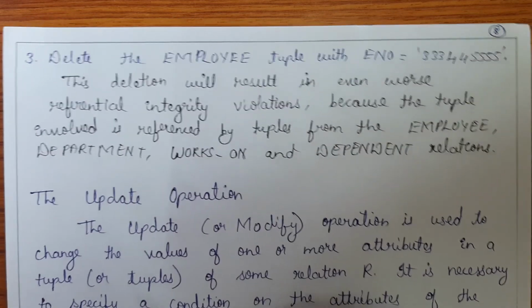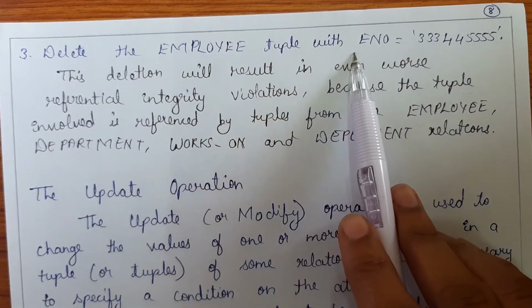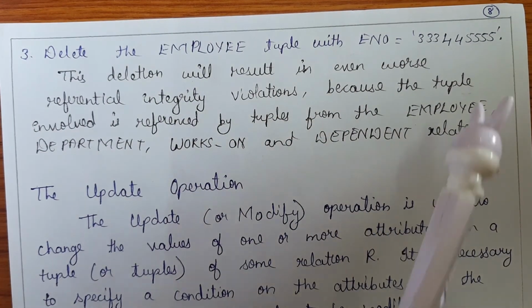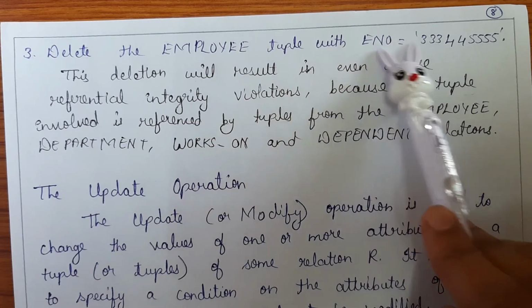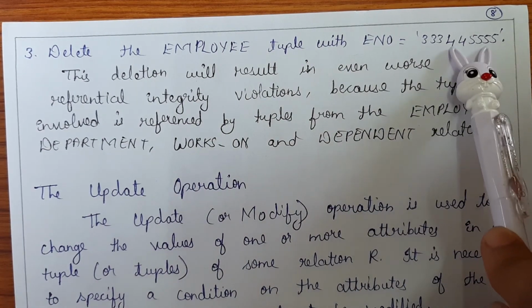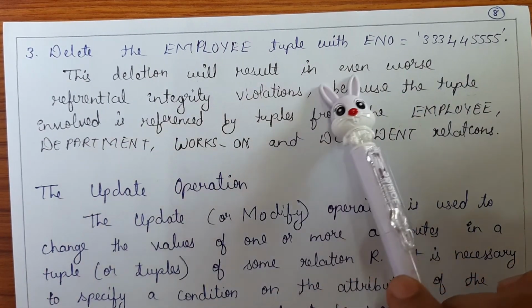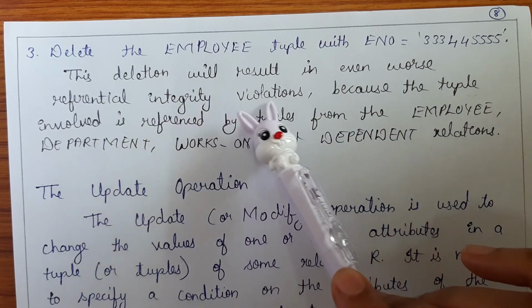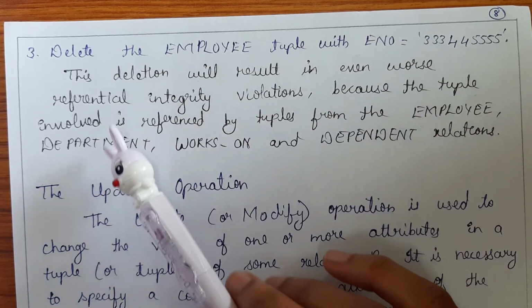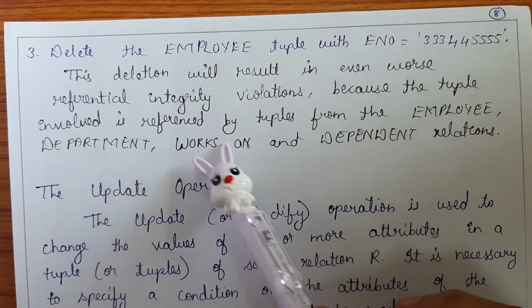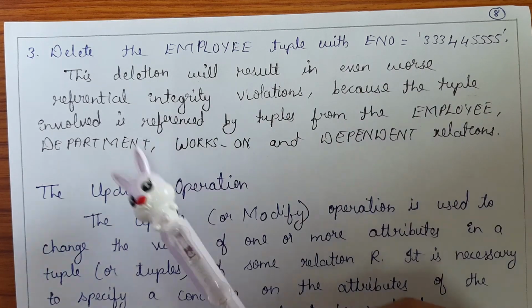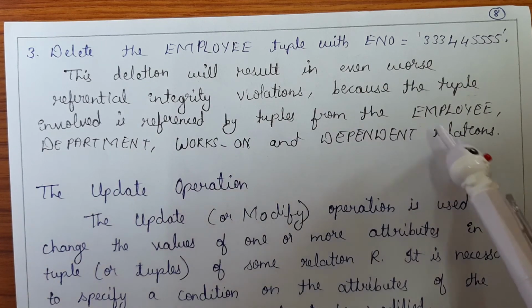Next example, delete the employee tuple with this employee number. This deletion will result in even worse referential integrity violations because the tuple involved is referenced by tuples from the employee, department, works on and dependent relations.